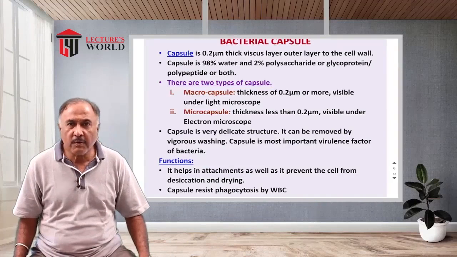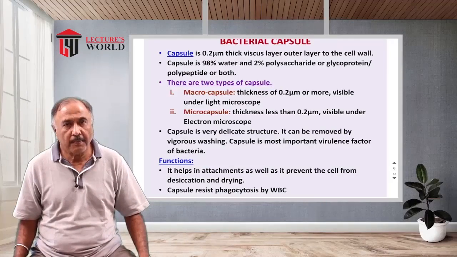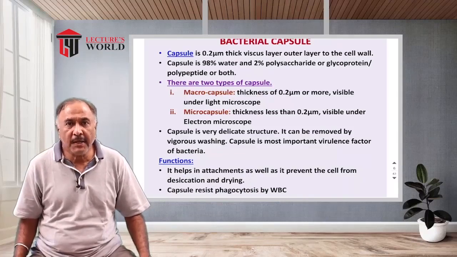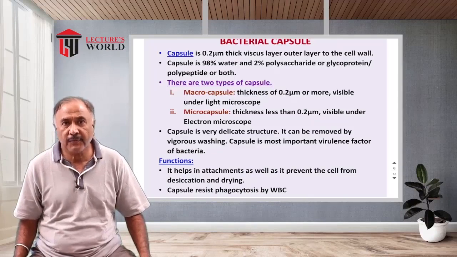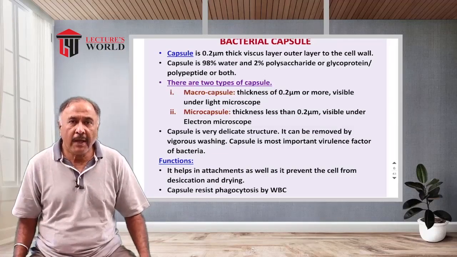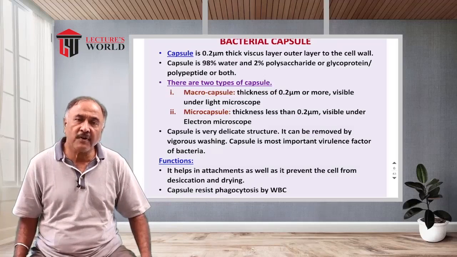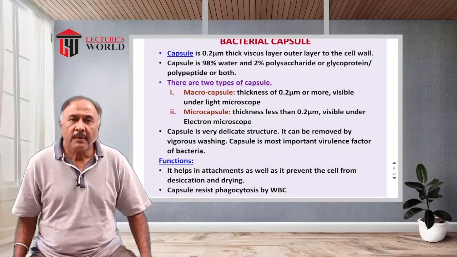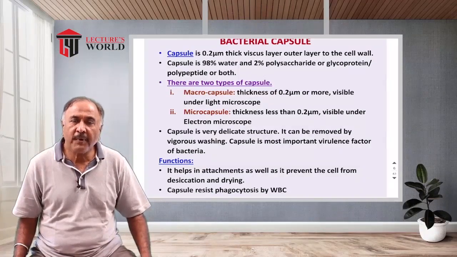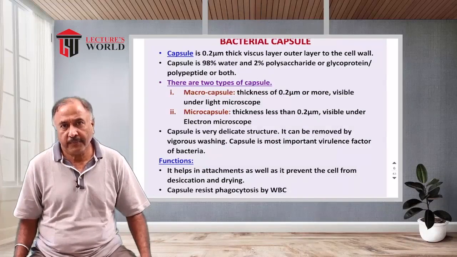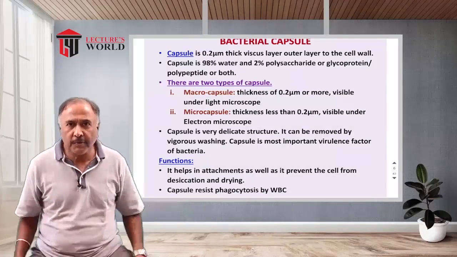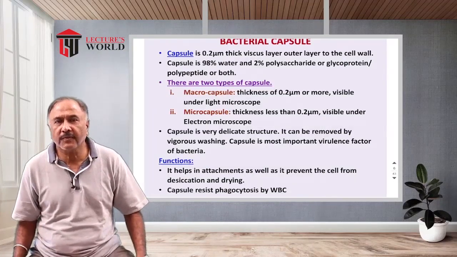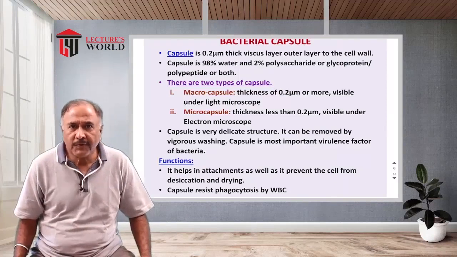Most capsules, as I have told you, are made up of polysaccharides, but a few can be made from peptides, that is, proteinaceous in nature, like in Bacillus anthracis, which causes the disease anthrax in sheep and cattle. This capsule is made up of peptides. But if you see the overall composition, in 95% of cases, the capsule is made up of polysaccharides.